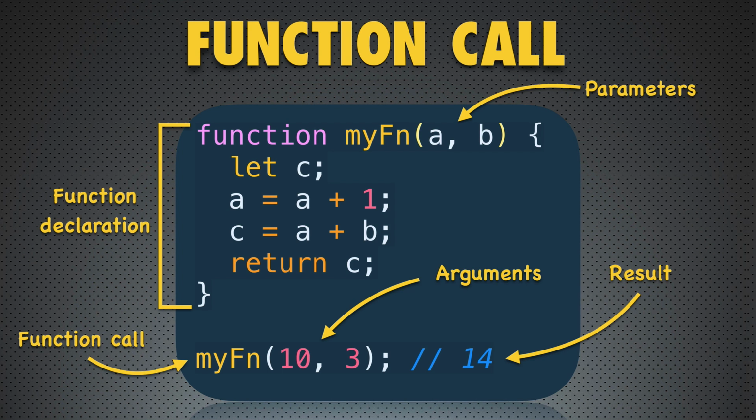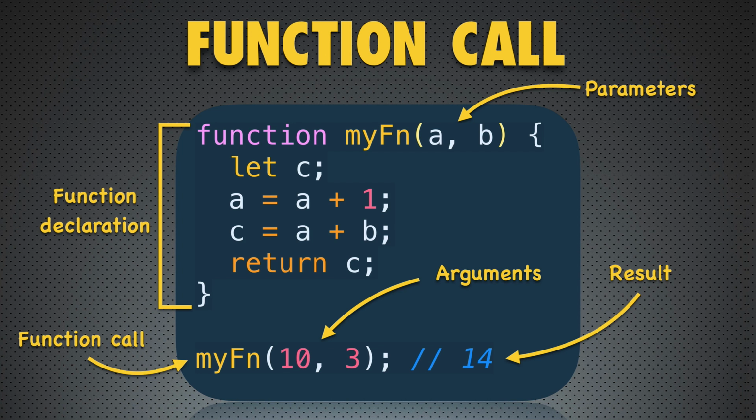So let's shortly summarize. In this example, you see function declaration, and name of the function is myFn. a and b are parameters of the function, and in fact, parameters are variables that are available only inside of the function. But you are able to set initial values of those variables using arguments inside of the function call.